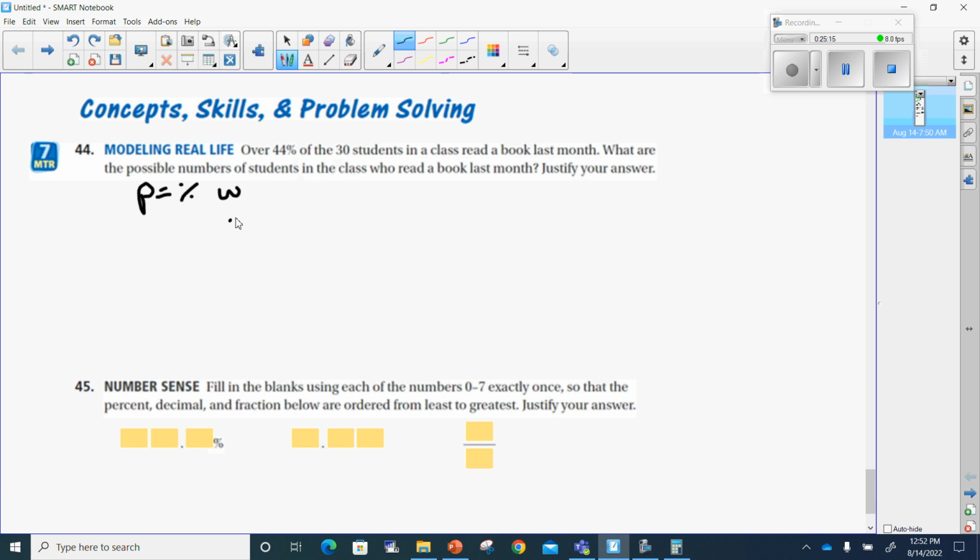The whole would be the 30 students. That's all the kids in the class. Then we have the percent, which is 44%. In order to multiply a percent by a number, I have to turn it into a decimal. So I'm going to move my decimal over twice. This becomes part equals 0.44 times 30.